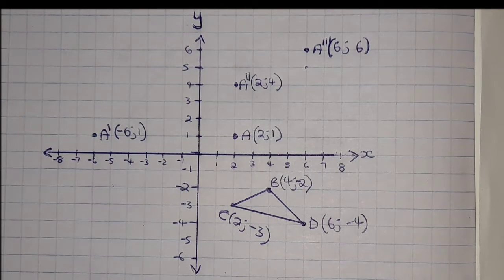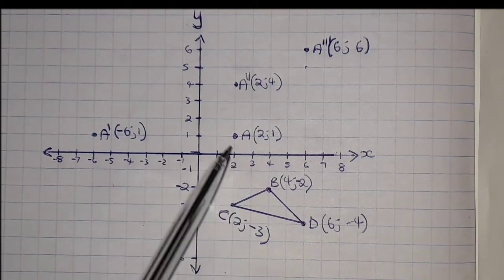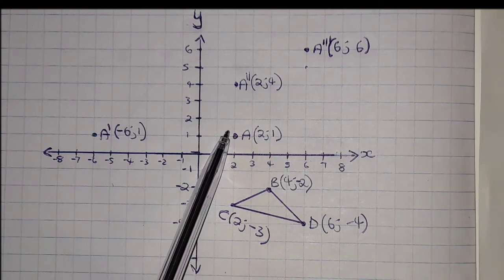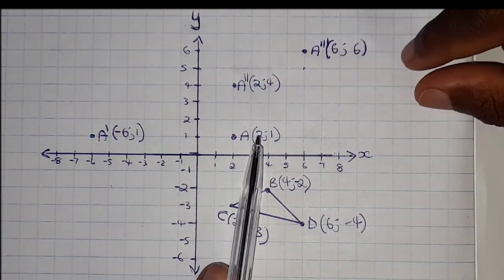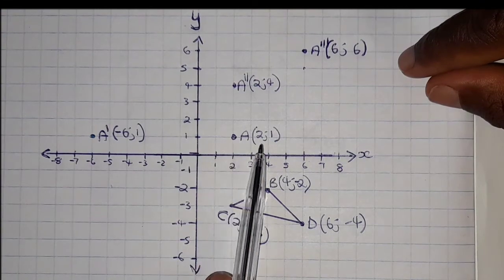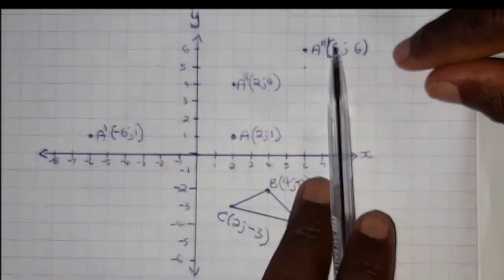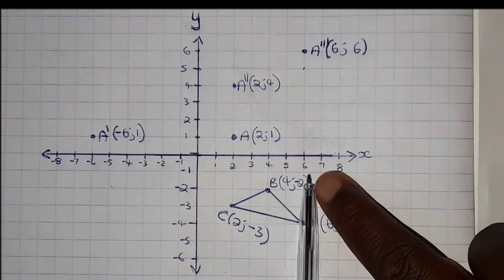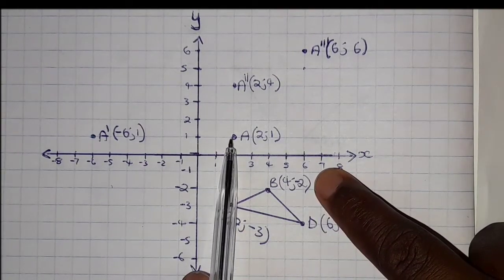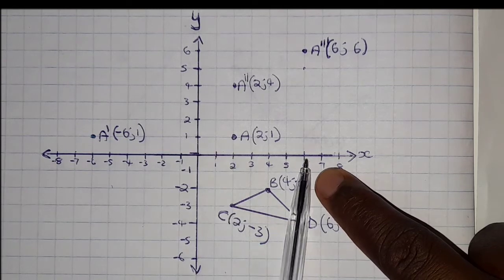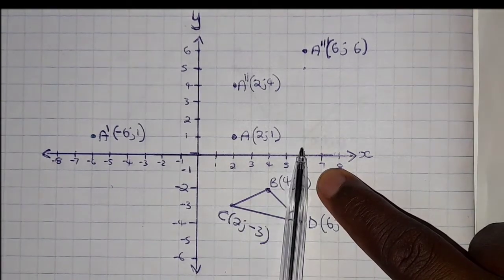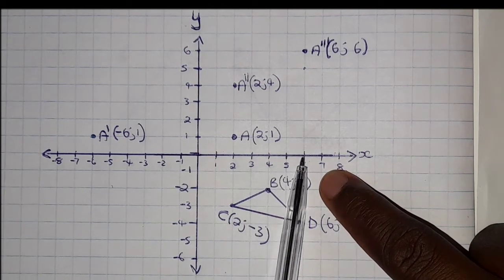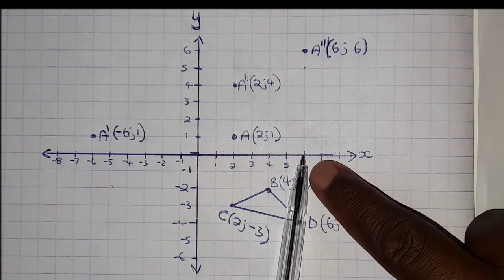I hope you did that correctly. We can do that just by counting. The x coordinate of A is 2, and then the x coordinate of the third image of A is 6. So we are saying horizontally A has moved from here coming to 6. So it's 1, 2, 3, 4. Right?